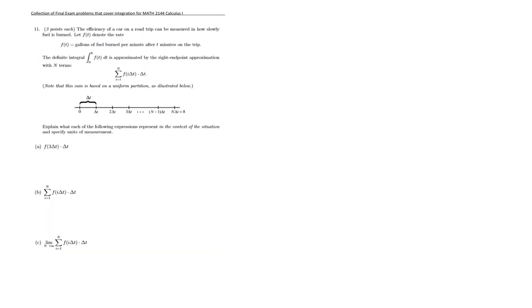Okay, the next one says the efficiency of a car on a road trip can be measured in how slowly fuel is burned. So if f of t is the rate at which fuel is burned, then the integral from 0 to 8 is going to represent the amount of fuel burned in the first 8 hours. So I could do a right endpoint approximation. Explain what the following represents.